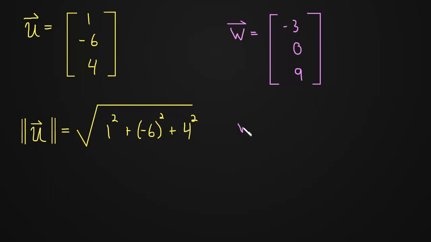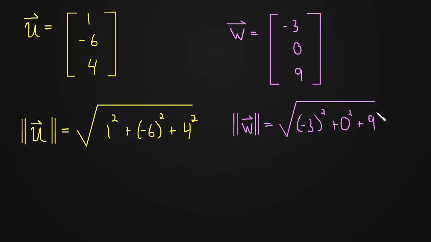So the length of w is equal to, oops, what am I doing? It's equal to the square root of -3 squared plus 0 squared plus 9 squared. And there you have it. There's the length of a vector with 3 components.